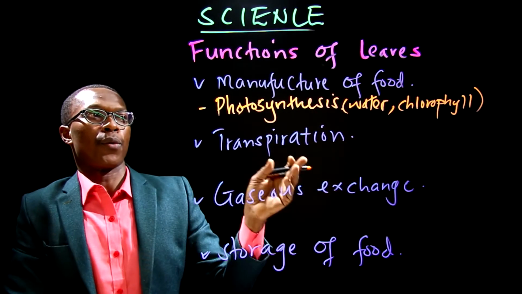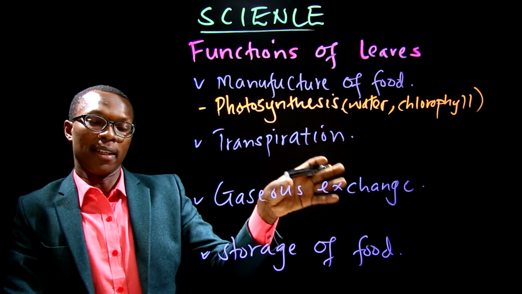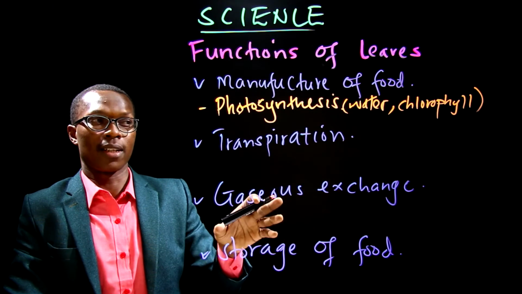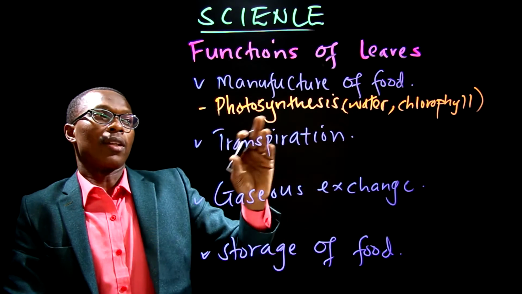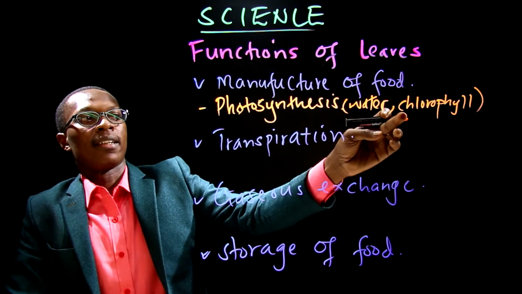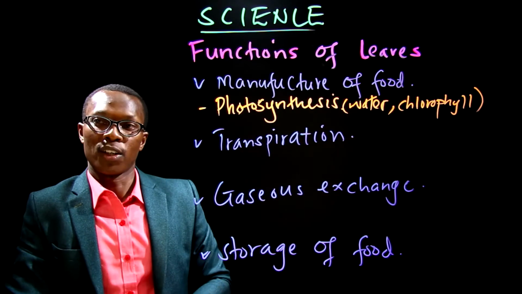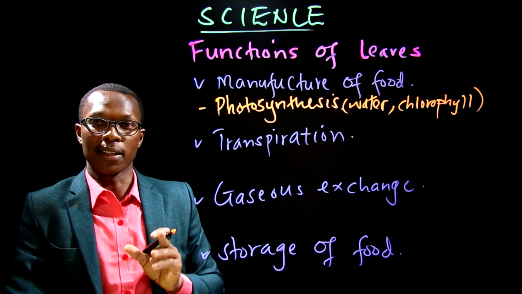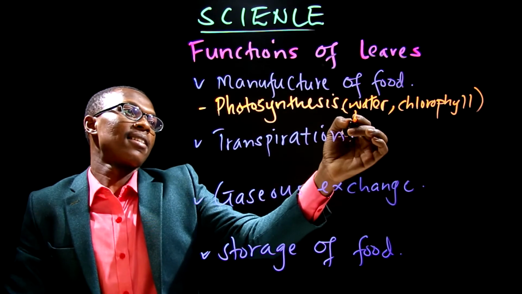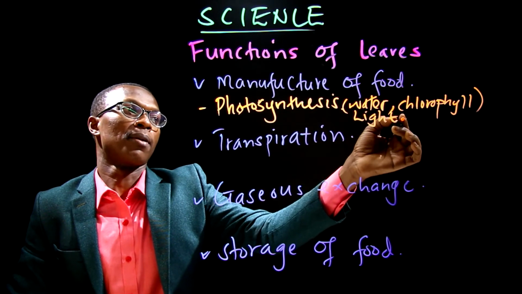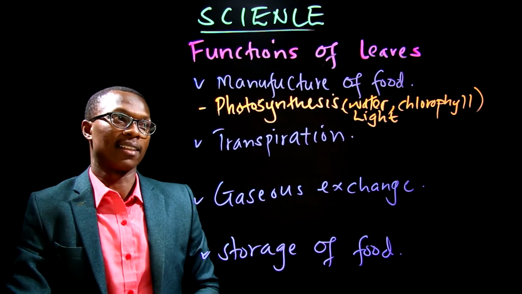Remember, we took a look at the leaf when we were starting our lesson, and you said that the color is green, yeah? That green pigment is produced by chlorophyll. And the last thing, which is the most important, is that it needs light.